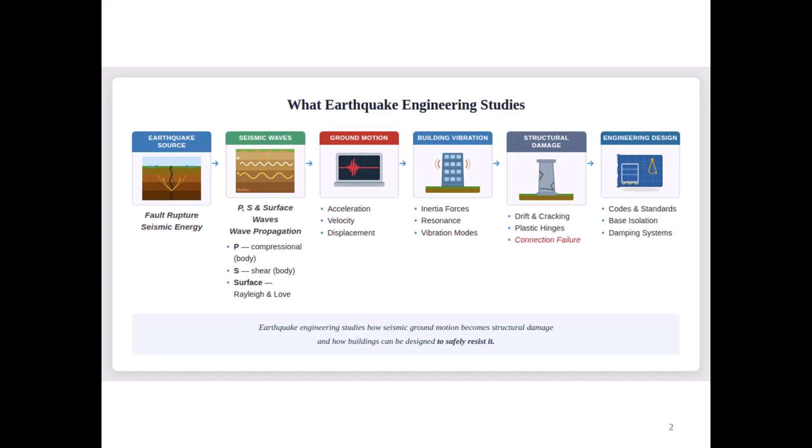We can have beams that undergo plastic deformation and buckling and so forth. So we've got some engineering design guidelines to follow from different codes and standards. And we'll talk quite a bit about those codes and standards. And we also have some mitigation techniques like base isolation and damping that we'll be talking about off and on.